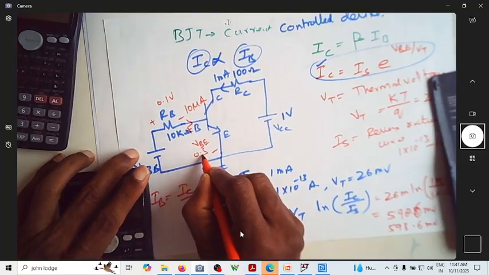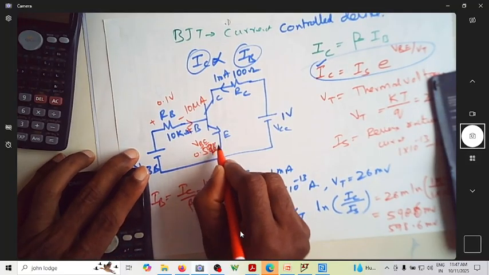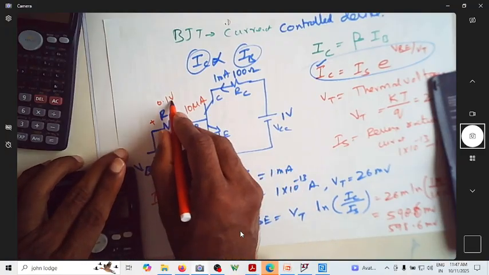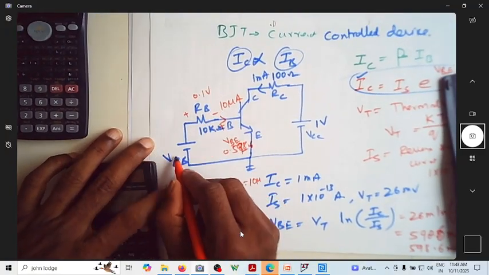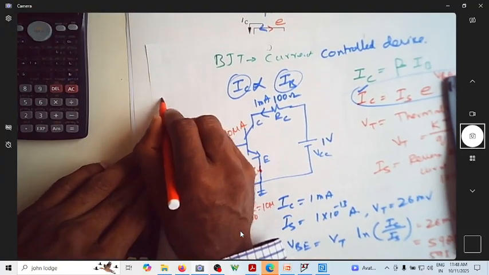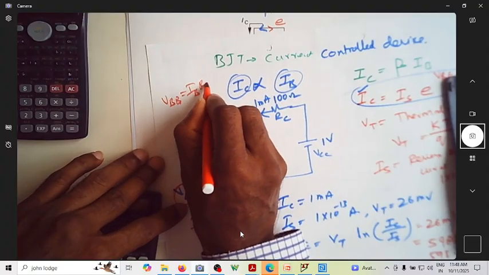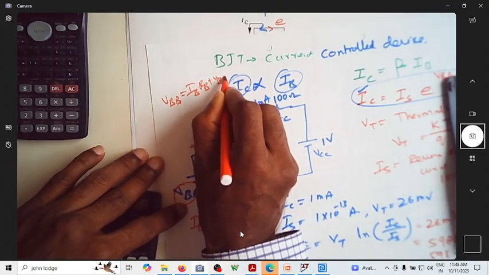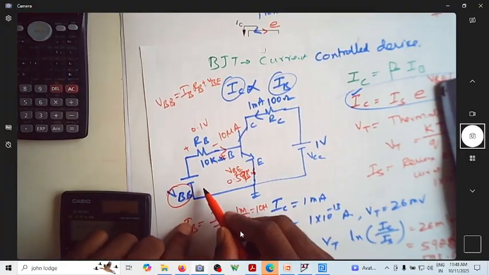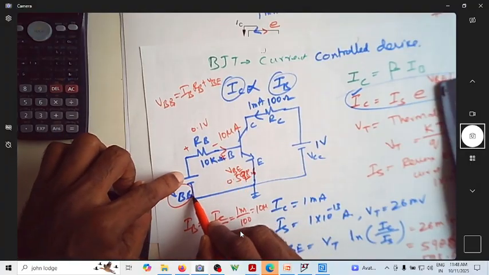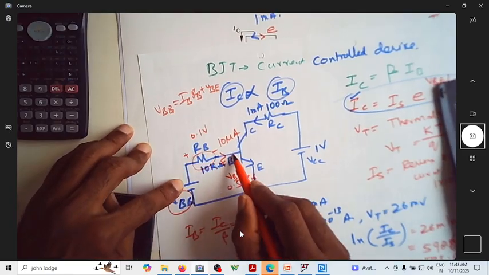Here you want to have 0.5986 plus 1 plus 0.1 volt here. VBB is actually equal to IB into RB plus VB from your KVL expression. So in the KVL expression, the voltage applied is this drop plus this drop.